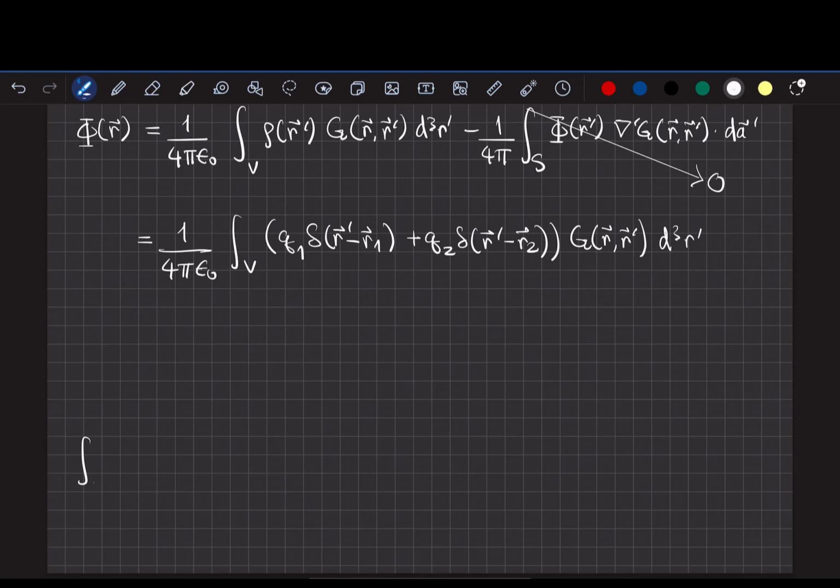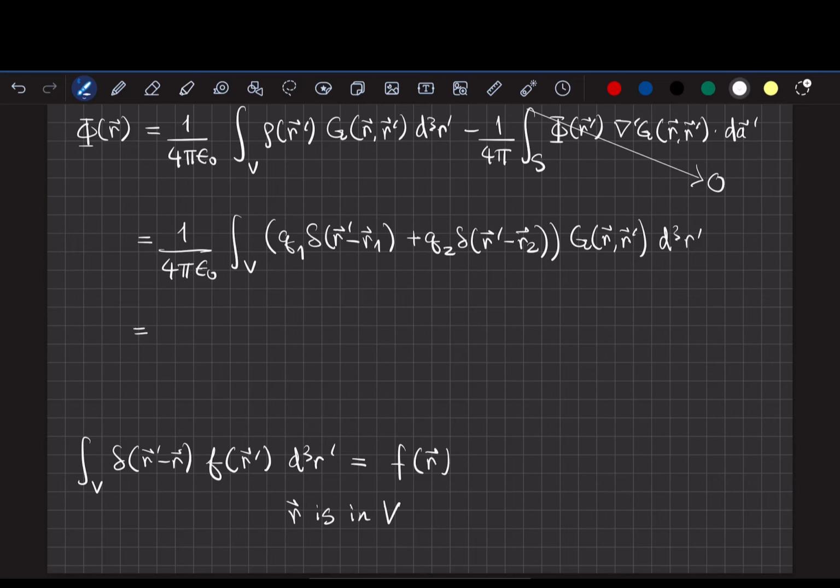If we have a volume integral of a Green's function times a Dirac delta function times any arbitrary function, this basically gives us f of r, if r is in V. And this is good for us because we are trying to find the potential inside our volume V. So here this r is inside the volume V.